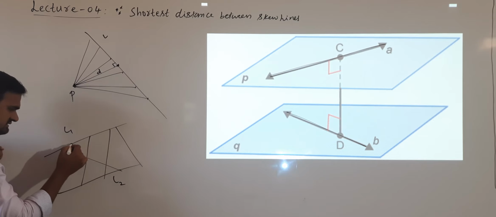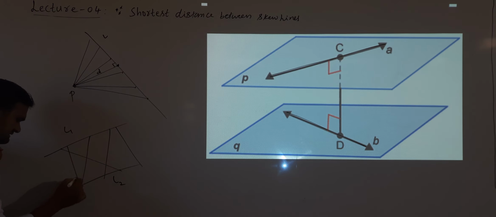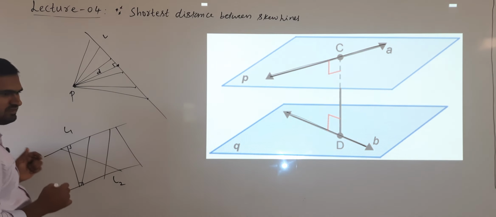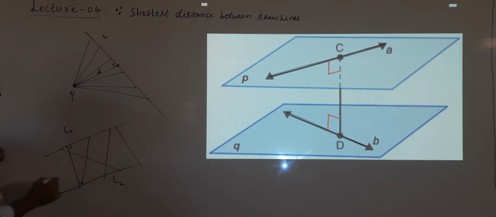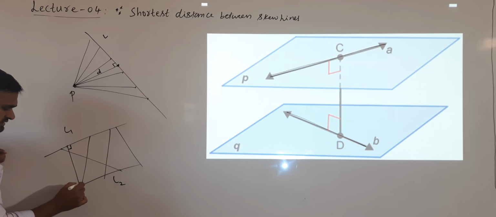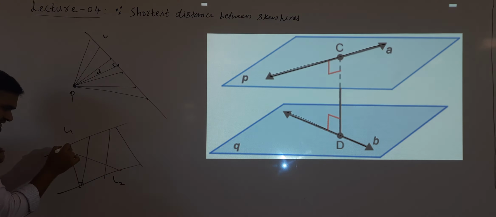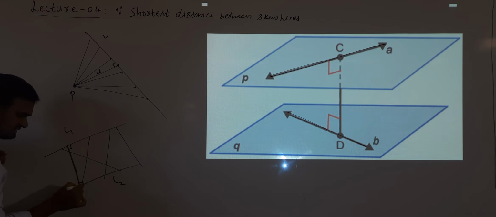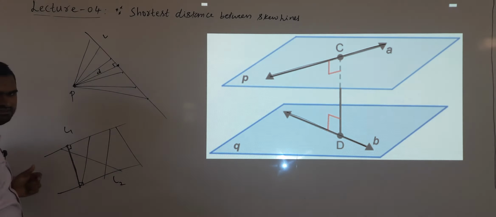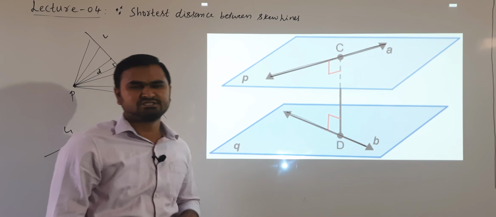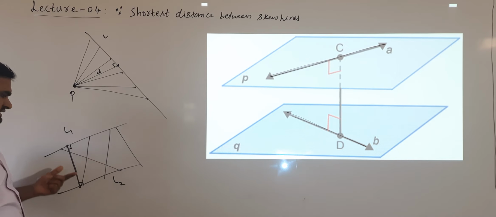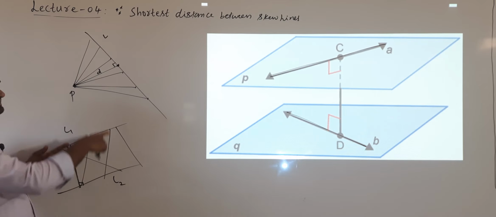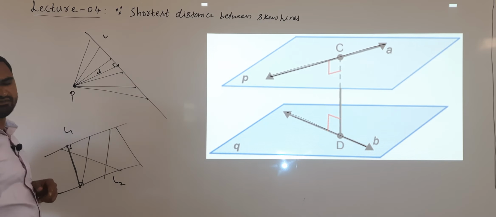Only the distance where we are measuring along a line which is perpendicular to both the lines. So it should be perpendicular to the first line, and perpendicular to the second line. If I measure the distance along this line which is perpendicular to both the lines, then only we get the shortest distance. Whether it is mentioned or not mentioned, distance means always we are taking the distance along a line which will be perpendicular to both the lines.